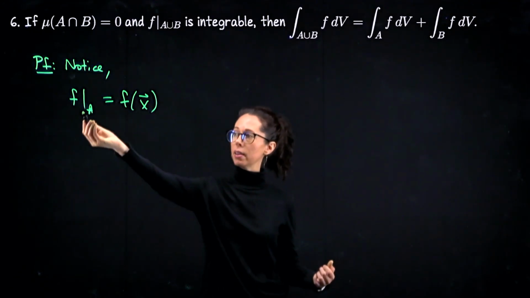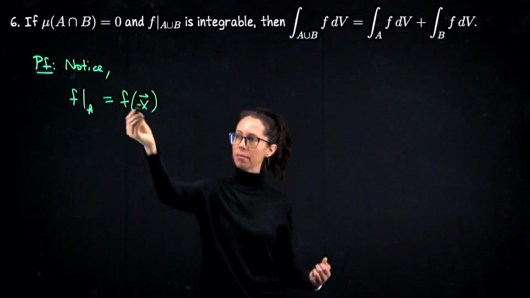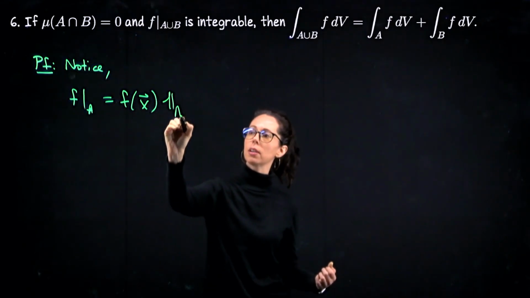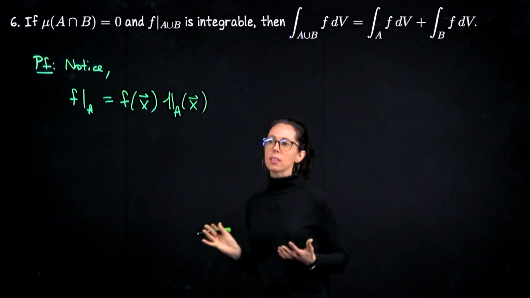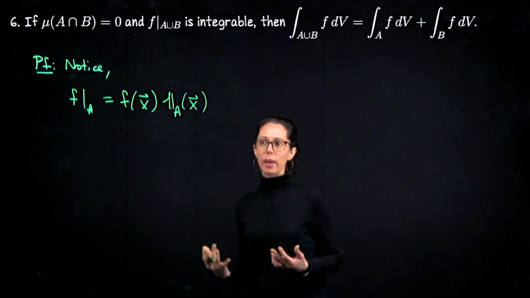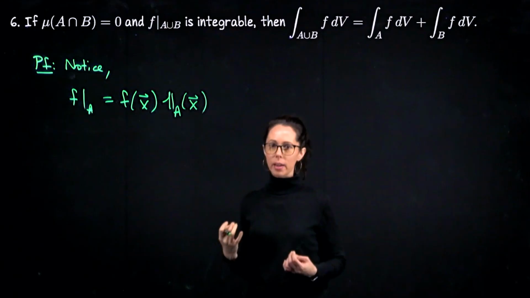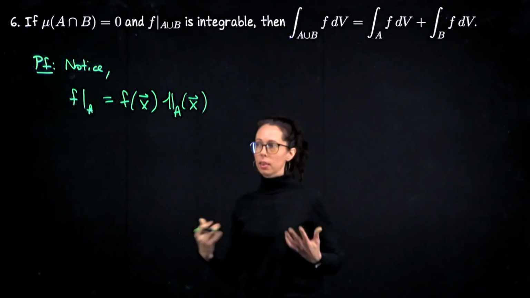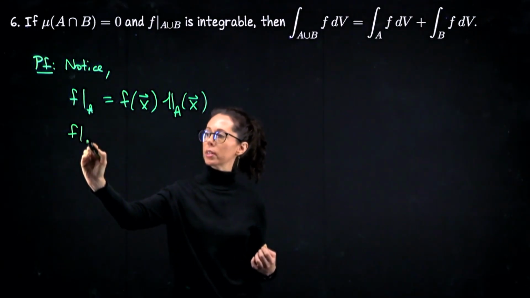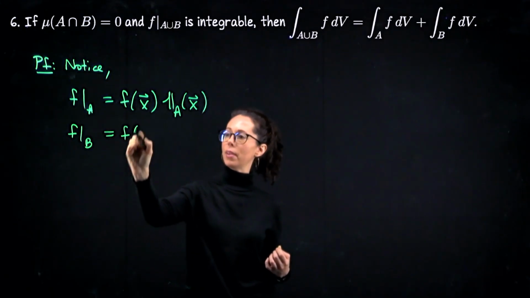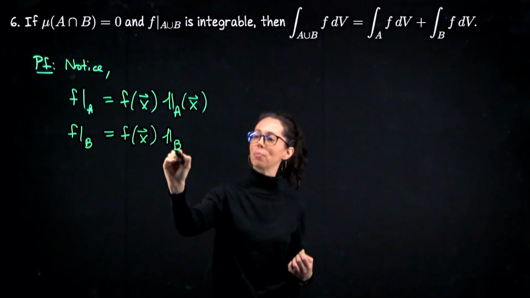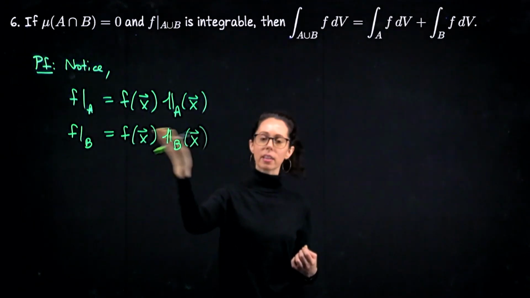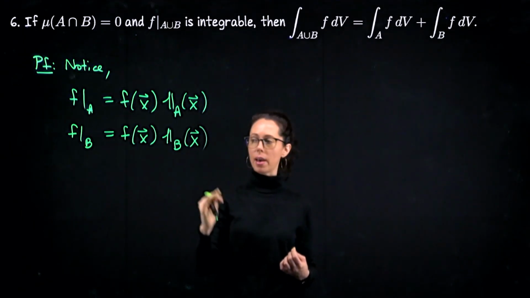We can think of the restriction of f to A as f of x times the characteristic function of A. And that's the function that I would work with in order to do the Riemann integral of f on A.